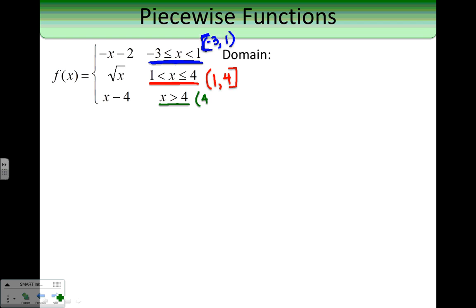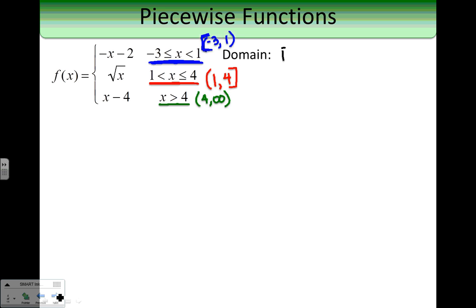So from 4 to infinity. So you'll notice here in the top one, it goes from -3 to 1, but is not equal to 1. And then the second one goes from 1 to 4, but is still not equal to 1. So in this particular function, it sort of skips over 1, because in neither of those domains are the x values ever equal to 1.